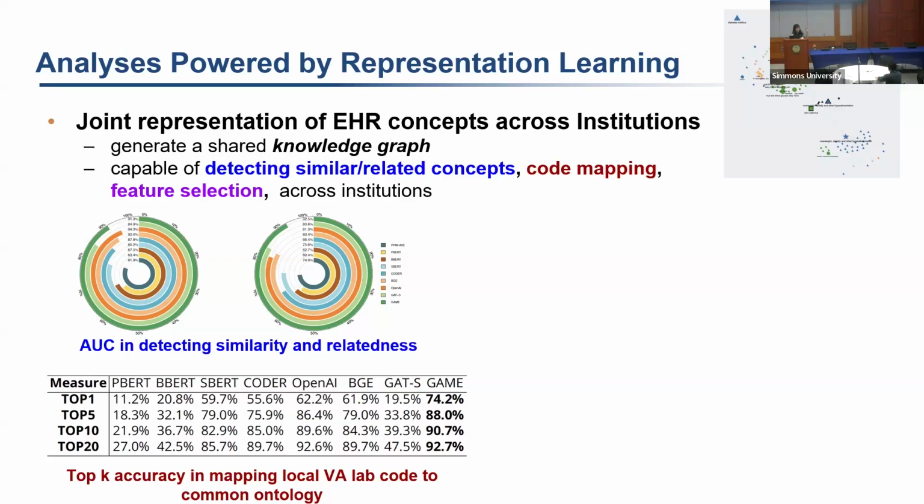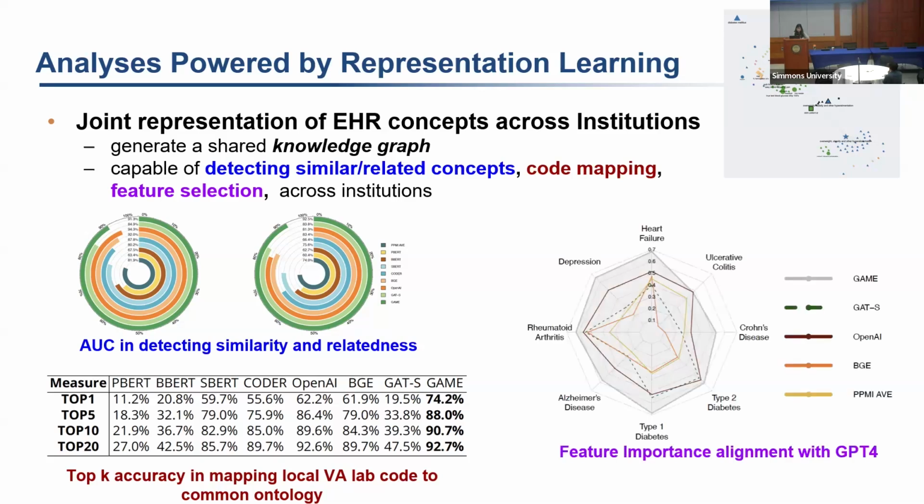And here we are evaluating from the COMAP embedding, basically top K accuracy. If you take a local code and map it to the LOINC code that we have as gold standard, what's the top K accuracy? You can see that GAME is doing very well, again fairly comparable to OpenAI embedding, because this is a similarity task.